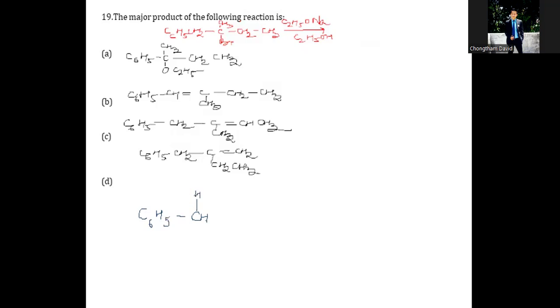Then hydrogen can be written like this. Methyl group, CH3. I'm rewriting this reaction here, and bromine on this carbon.